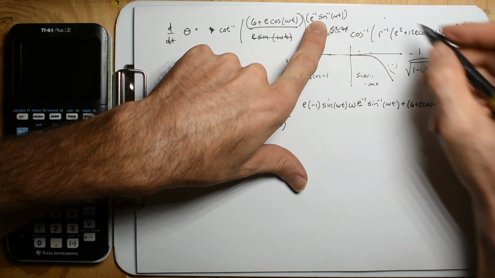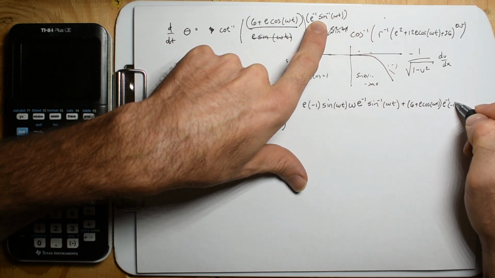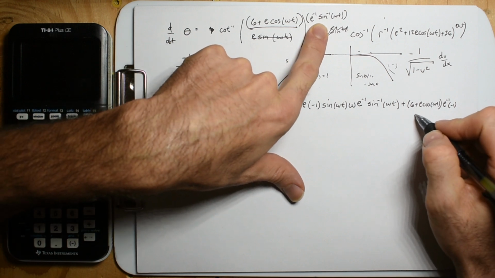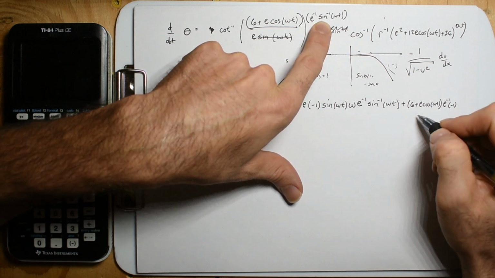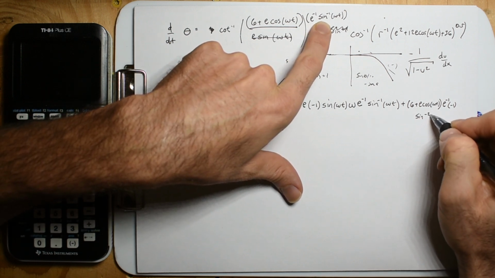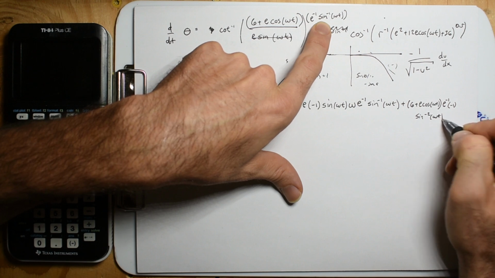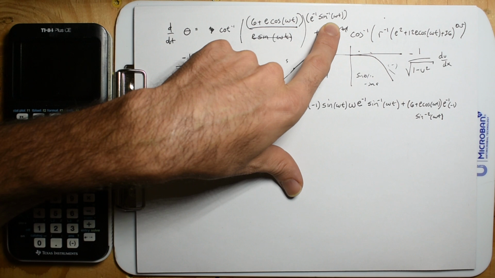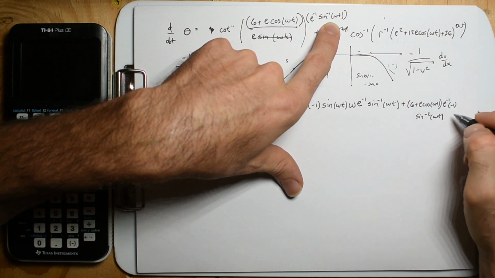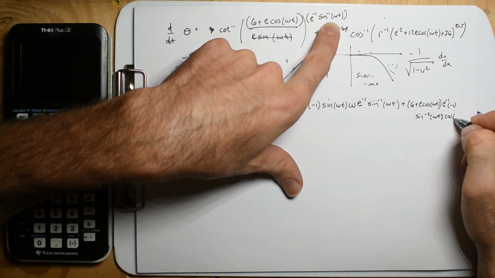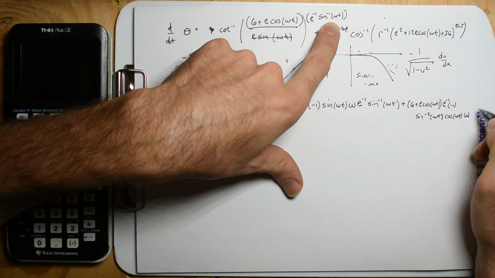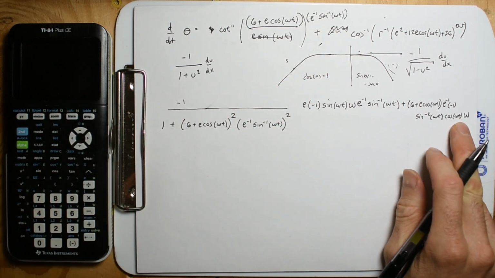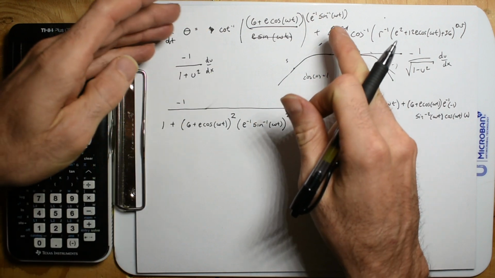This is to the -1, so we have to bring down the power. The power comes down, and then we're going to take it sine to the -2 omega t. And then we got to take the derivative of what's inside. That's going to be cosine omega t, and then omega. Whew, that was brutal. Okay, so that was that part.